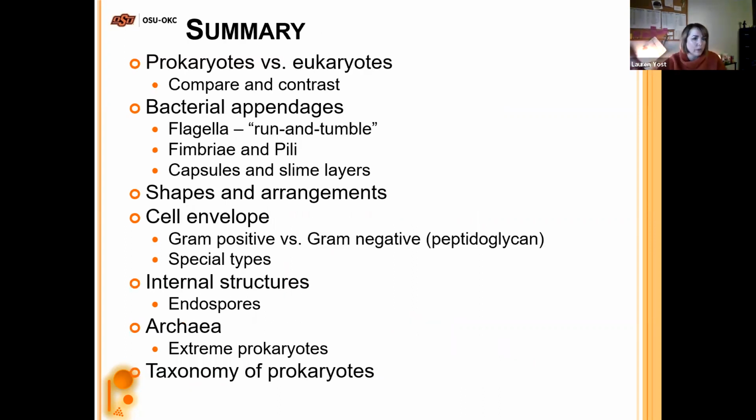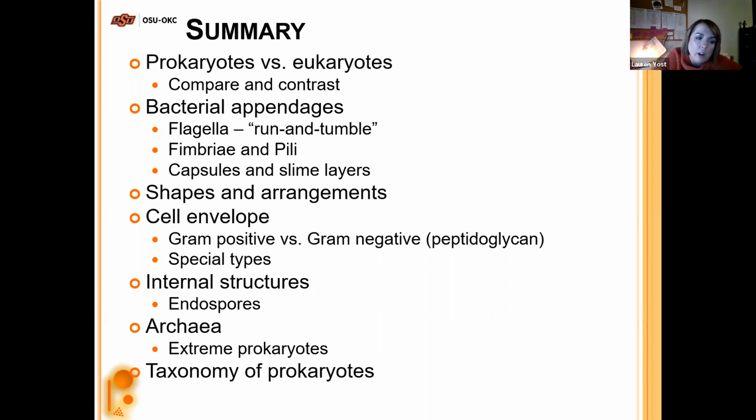So to summarize what we've gone over in chapter 4, the prokaryotes, we talked about the difference between prokaryotes and eukaryotes. We compared and contrasted them in a bunch of different features. We talked about the bacterial appendages, the flagella for movement, the fimbriae for adhesion, the pili for exchanging DNA, capsules and slime layers, the sugar coatings that help with sticking onto things and protection.